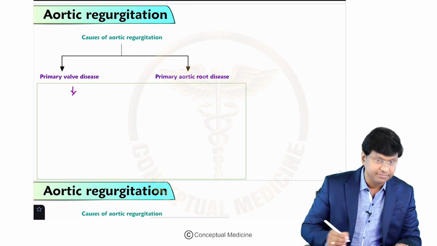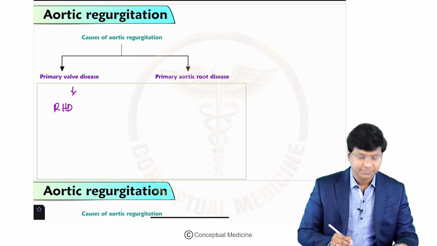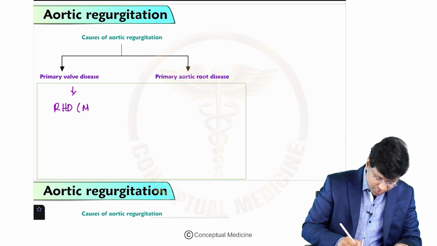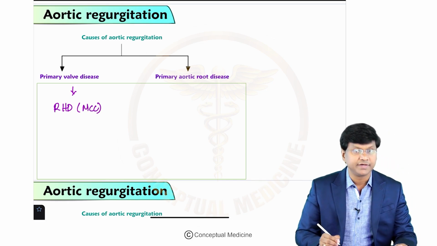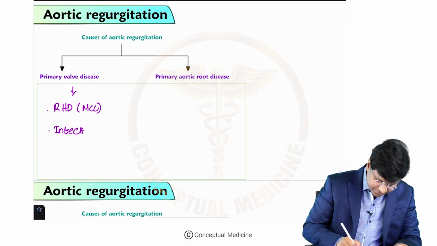If you take the valve abnormalities, these include rheumatic heart disease, and this will be the most common cause for the development of aortic regurgitation. Followed by that, infective endocarditis.